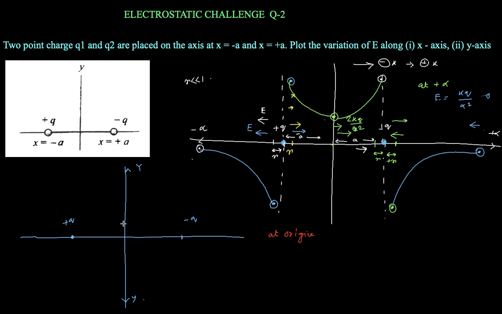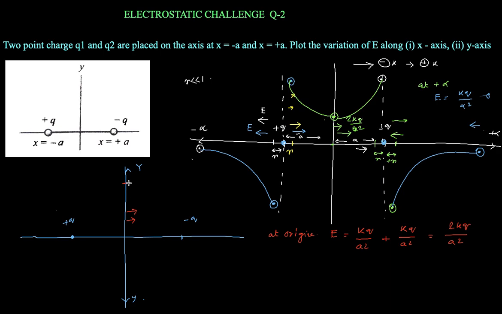Due to this charge, the electric field direction is in this direction, and the electric field direction for this charge is also in this direction. So both add up. So E is equal to kq by a square plus kq by a square, that is nothing but 2kq by a square, and you see the direction of the electric field is positive.